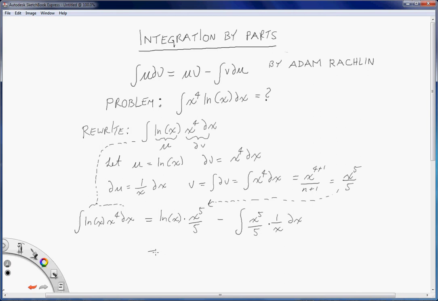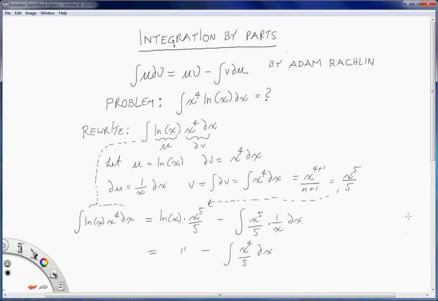If we simplify, this becomes minus the integral. You have an x here and x to the fifth, so this goes into this one time. This simplifies to x to the fourth over 5 dx.